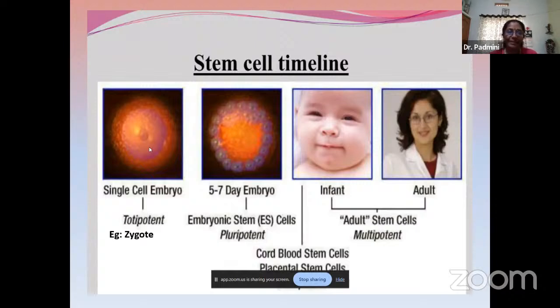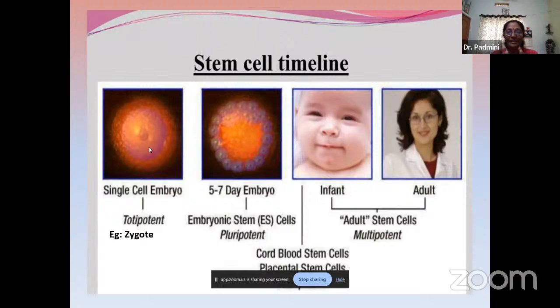Then once it goes into day 4, from day 5 to day 7, the cells are going to form pluripotent stem cells. Here, pluripotent means the cell is going to form only either the embryo or the trophectoderm, the trophoblast cells that form the extra-embryonic tissue.